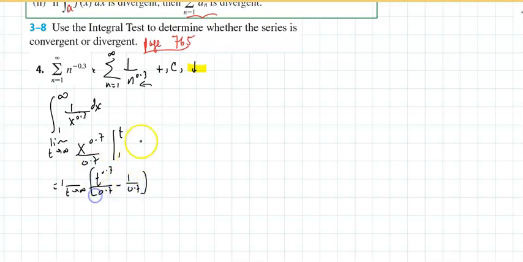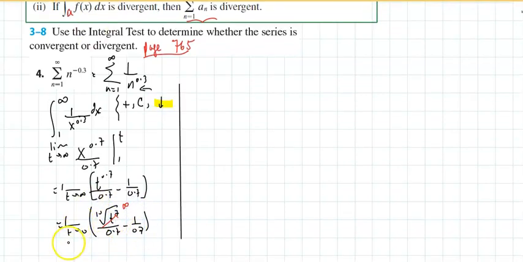In case you're wondering, t to the 0.7 is actually the 10th root of t to the 7. And as t approaches infinity, this will approach infinity. Therefore, it diverges by the integral test. And that's how it works.